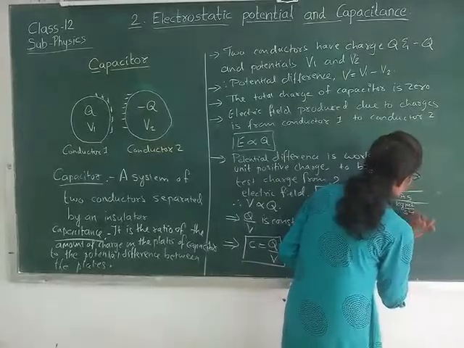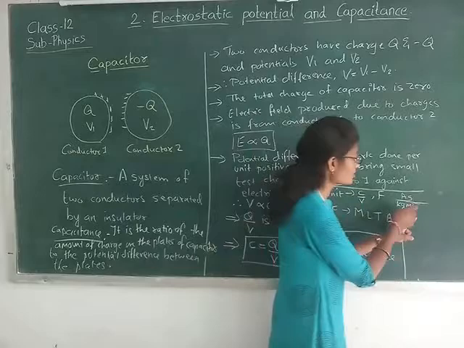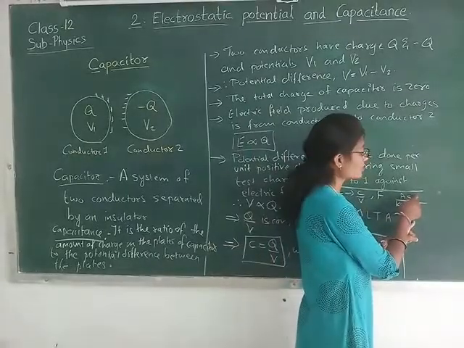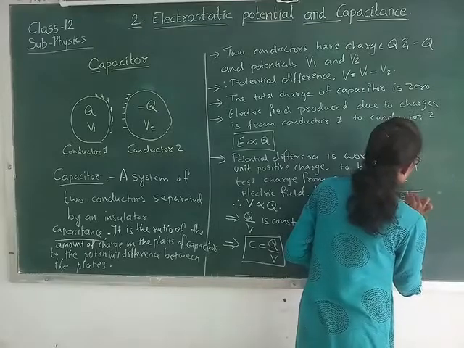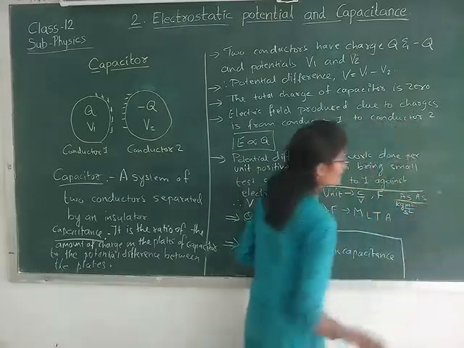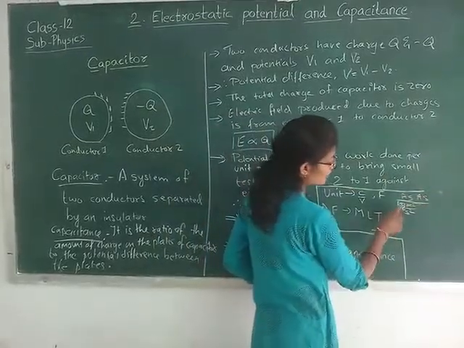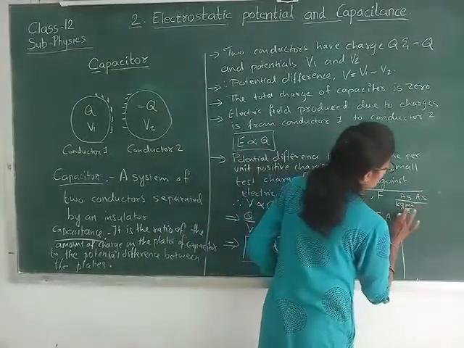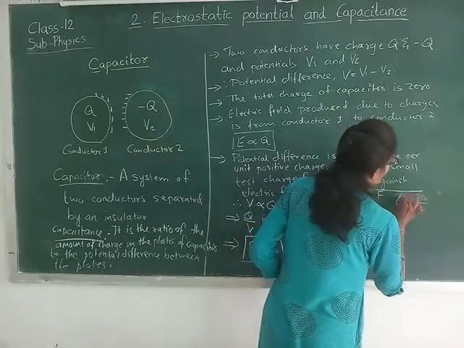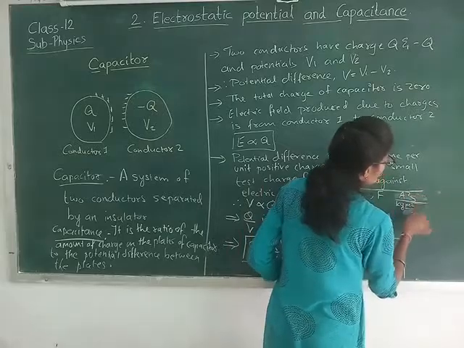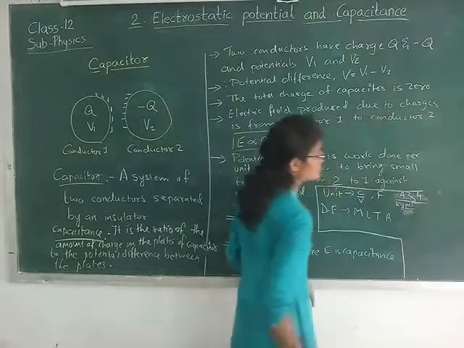And per unit charge, so charge will go in the numerator. So it will again be coulomb, that is ampere into second. Writing ampere square second square in the numerator and taking the denominator second square above, it will be s raised to 4.